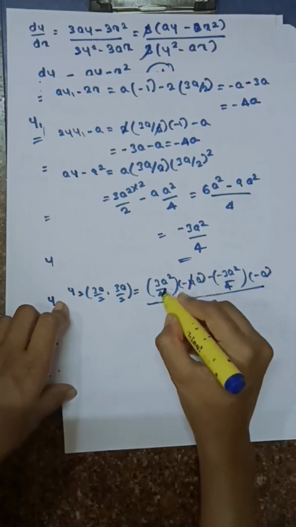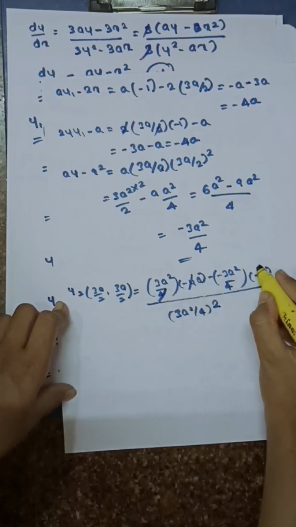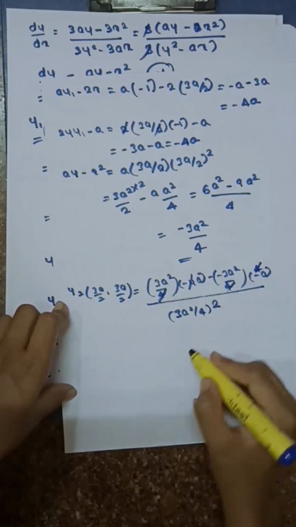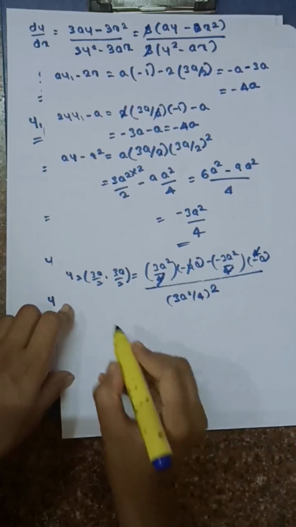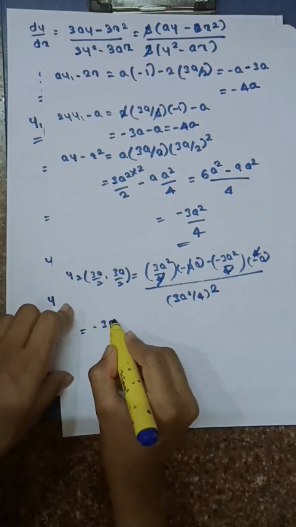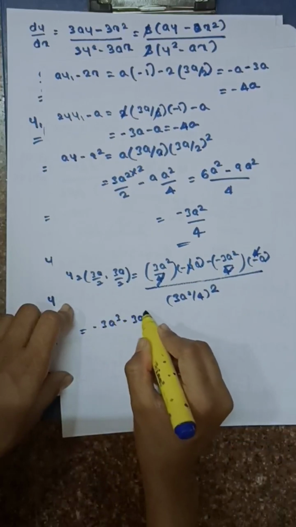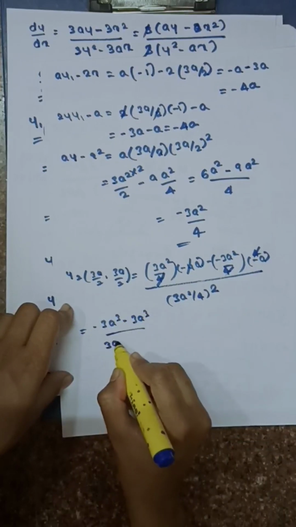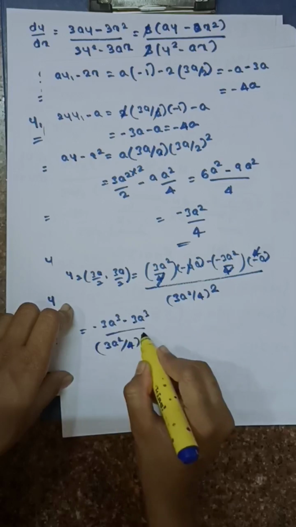This 4 and this 4 gets cancelled. So we get the final equation as minus 3a cube minus 3a cube divided by 3a square by 4 whole square.